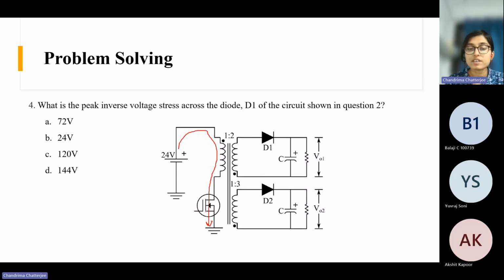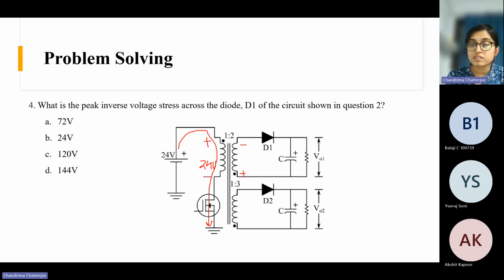So when the current is flowing like this, here we are getting 24 volts, the input voltage, and the dot polarity indicates the polarity here like this, and the diode here is reverse biased.